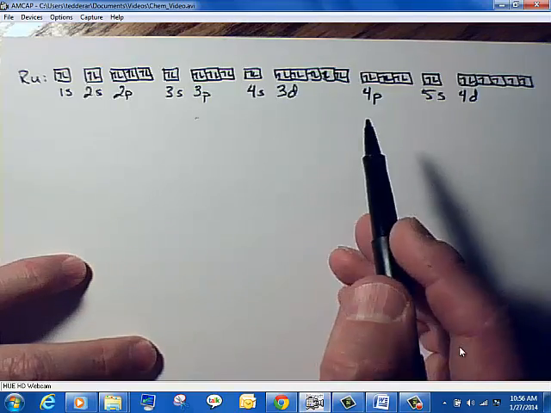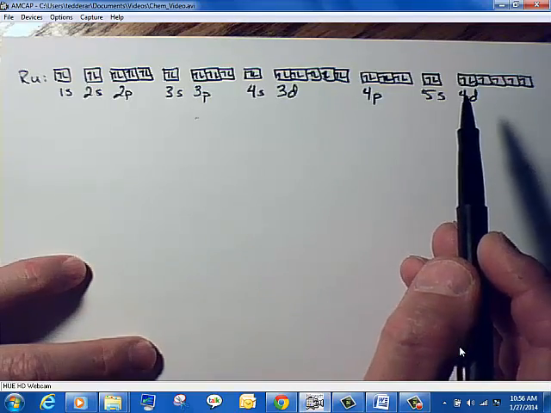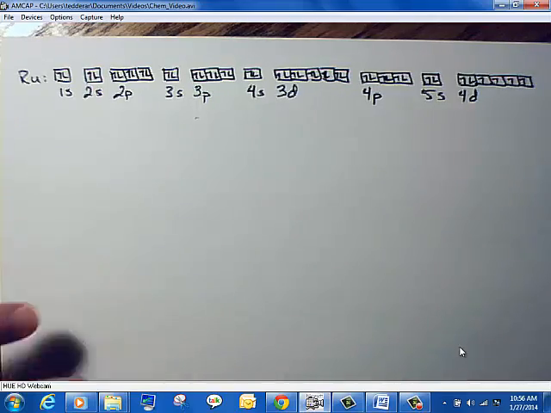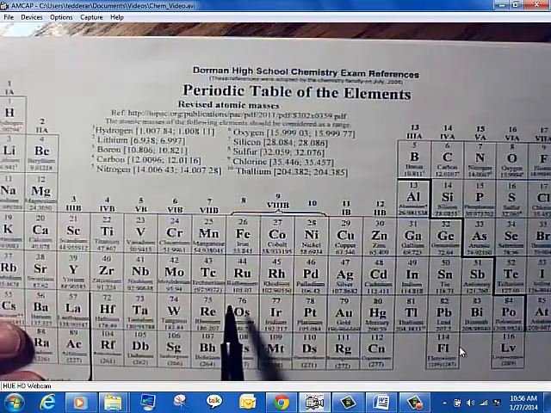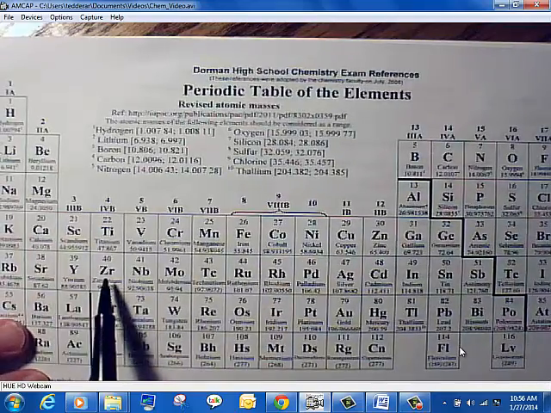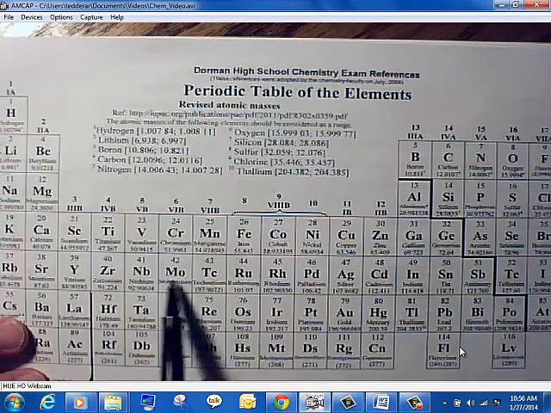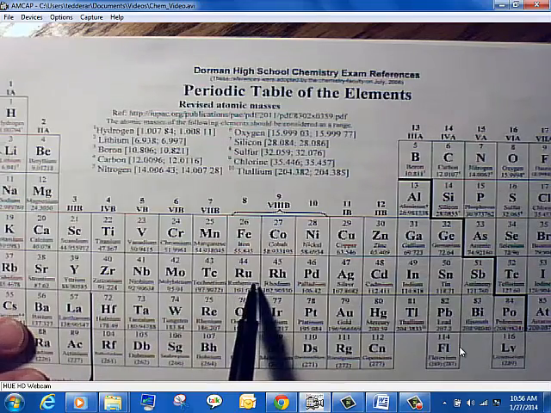All right? So there's 6 electrons in the 4d sublevel for ruthenium. Here's ruthenium right here. 1, 2, 3, 4, 5, 6. The placement of these elements tells us that there are 6 electrons in this sublevel right here.